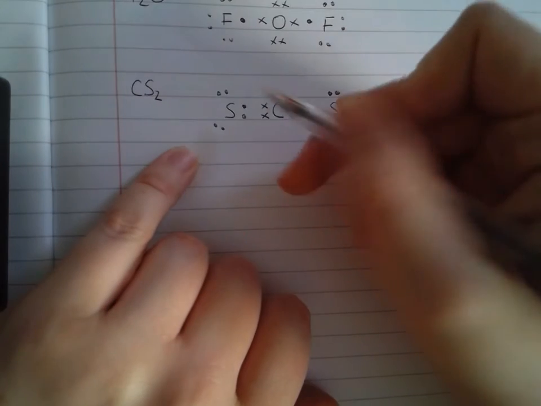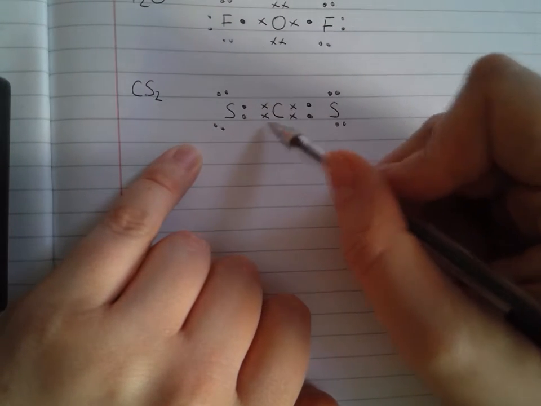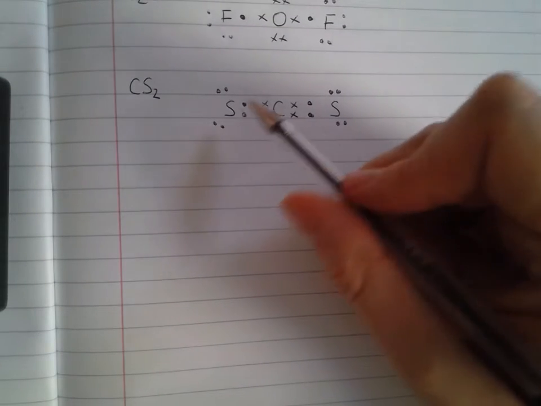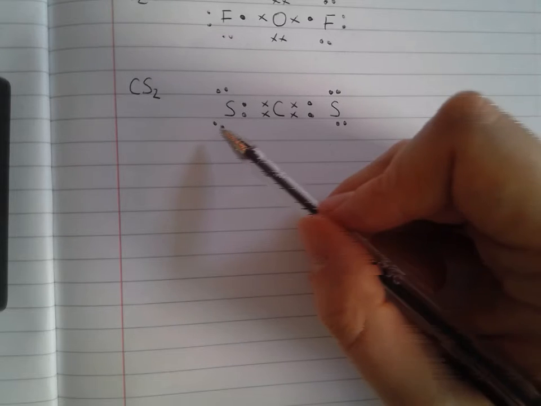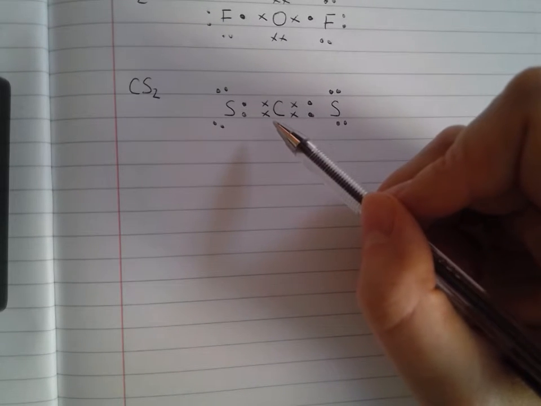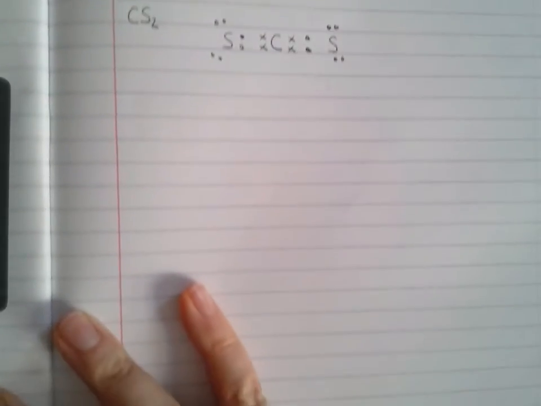So sulfur ends up with 2, 4, 6, 8, 2, 4, 6, 8, and carbon ends up with 2, 4, 6, 8. Okay, remember for carbon, 8 electrons is a full outer shell. Sulfur could form more bonds, but in this case, it's happy with 2. Okay, it can't form any more bonds than that to carbon because carbon can only have a maximum of 4.